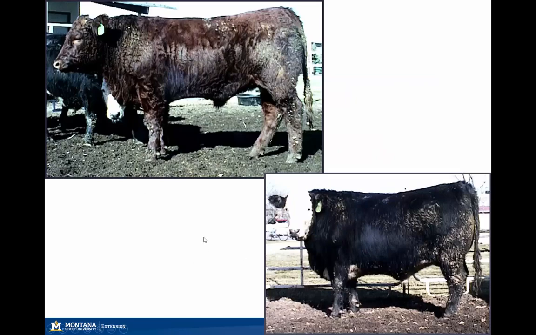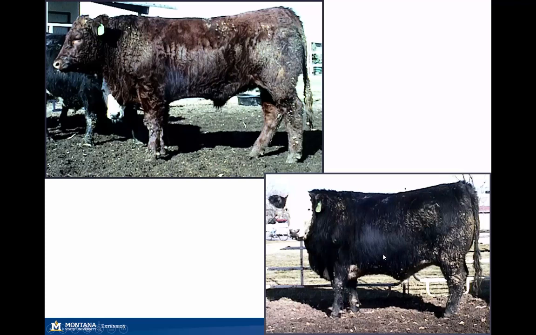So let's look at a couple more examples here. If we look at the picture in the top left, we have an animal. He looks very muscular, even has a little bit of tail fat right up here. You can't see any ribs. His brisket is starting to fill in, but just doesn't have the fat cover that the bottom right picture does. But as we just previously discussed, fat content doesn't necessarily mean a high yielding animal.